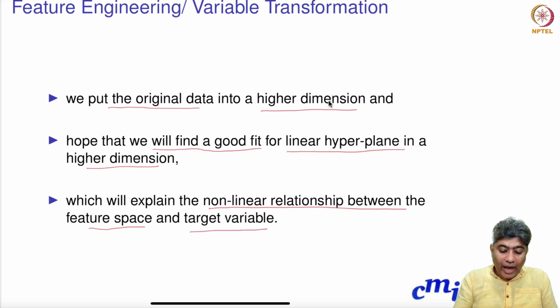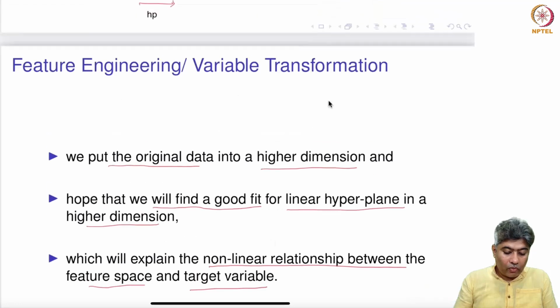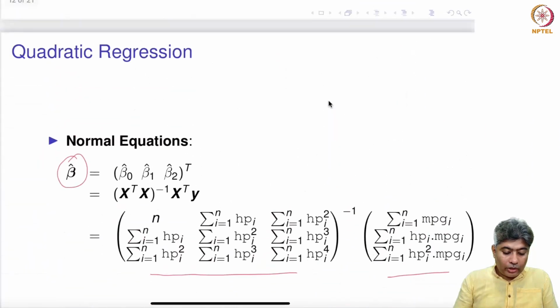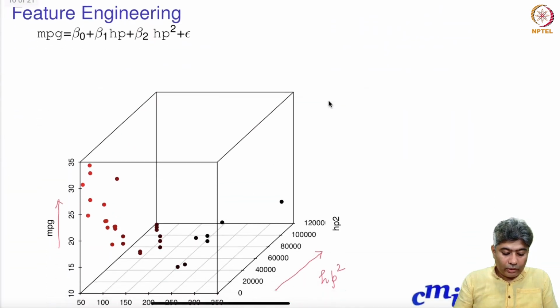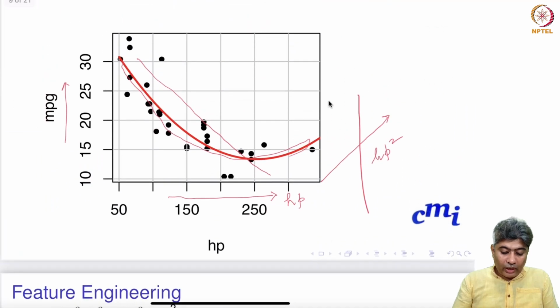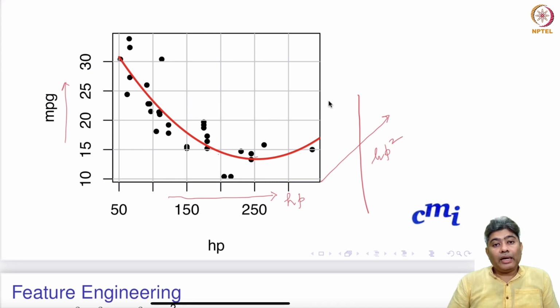So if I go back to this example, clearly the relationship between horsepower and miles per gallon is not really a straight line.